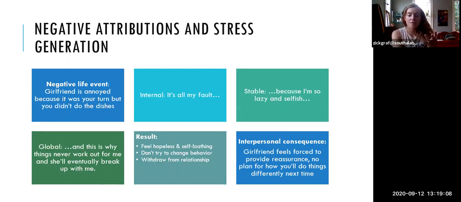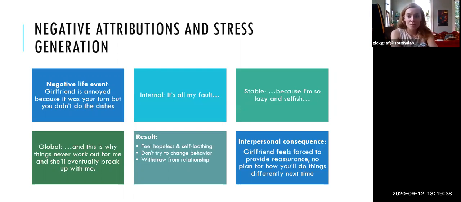So if the person during this argument articulates these negative attributions and says, I'm so sorry, I'm absolutely the worst, I hate myself, I'm so lazy and selfish, I know that you are eventually going to break up with me over this, I'm so sorry, I'm terrible. What their partner is probably going to do is feel pressured to comfort them in that moment. And that can lead to resentment in the relationship because it takes away the girlfriend's ability to be mad about something that she has a right to be mad about, that you're not pulling your weight in the relationship.